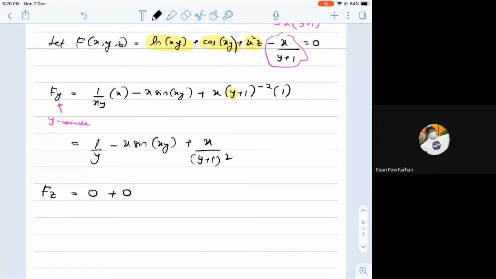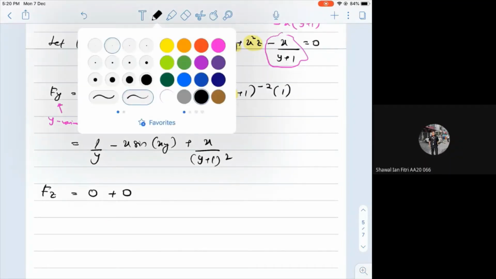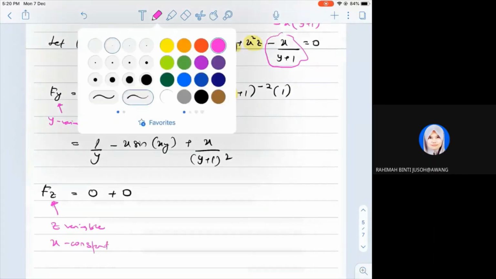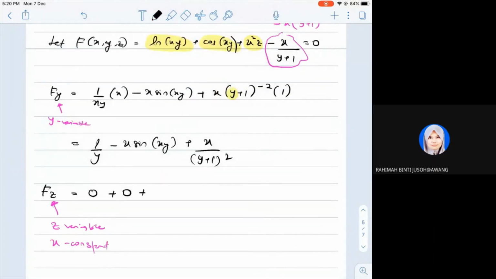Product rule? Kenapa product rule pula? Sekejap. Ni z variable. So z variable, x squared becomes a constant. Yes, x just constant. So differentiate x squared z, we will get x squared.